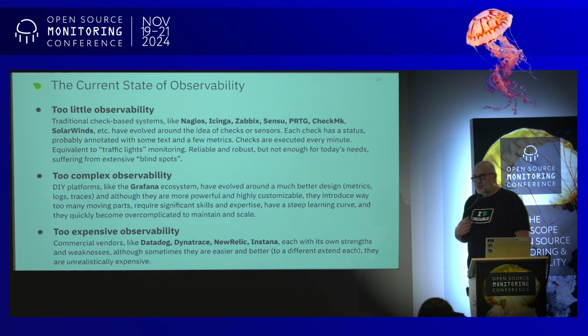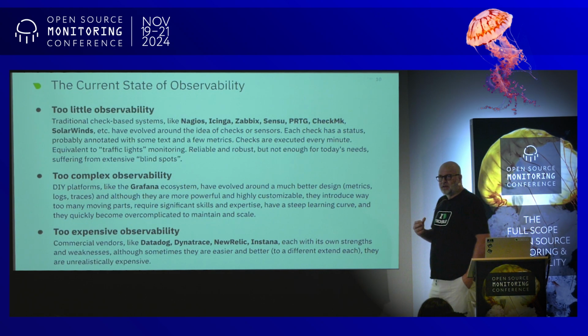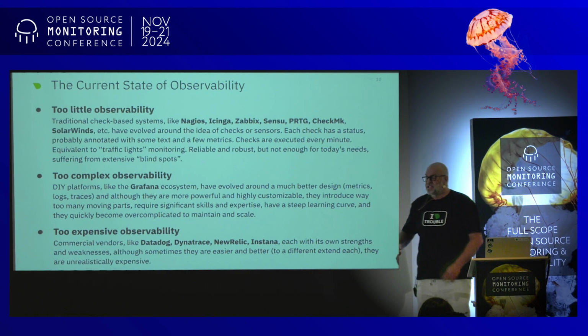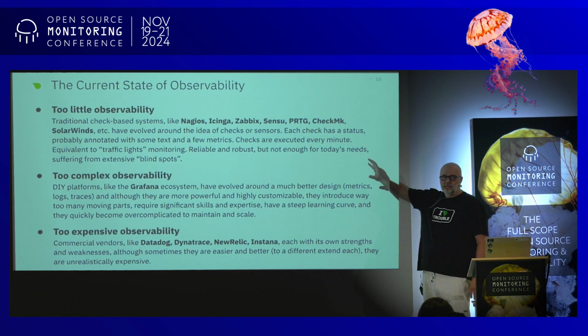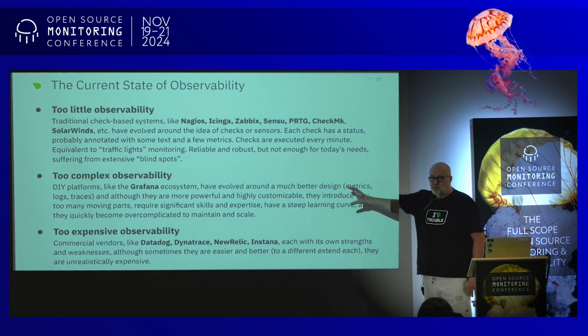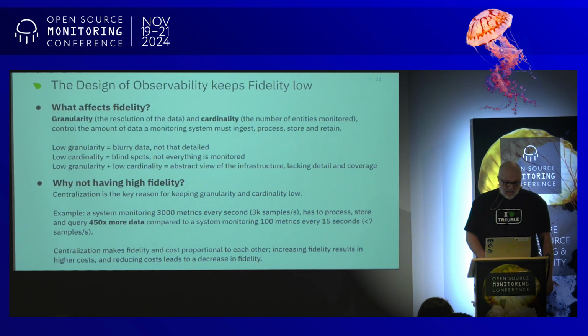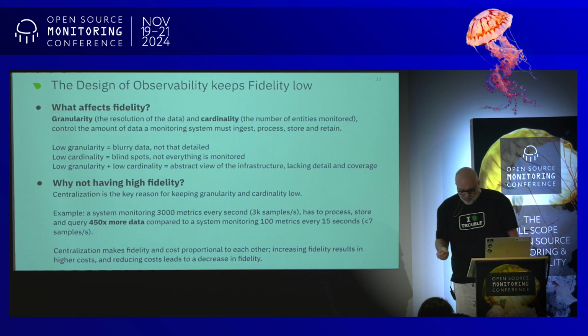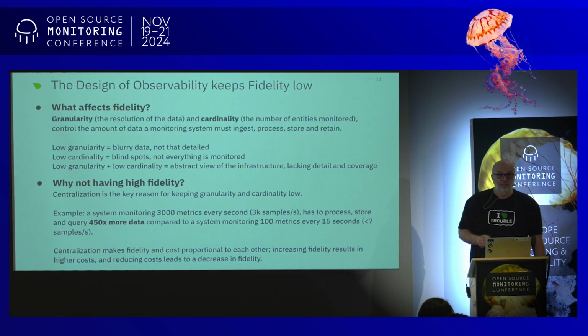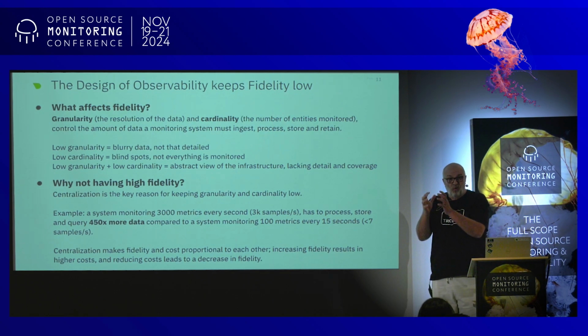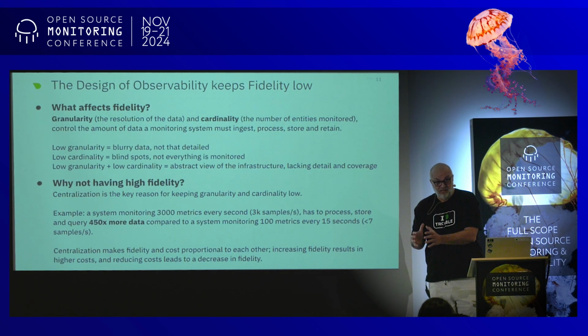This is what I consider happens in the world today. There is either too little observability, or too complex observability, or too expensive observability. And the key problem is centralization. Remember, we centralize all the observability data.